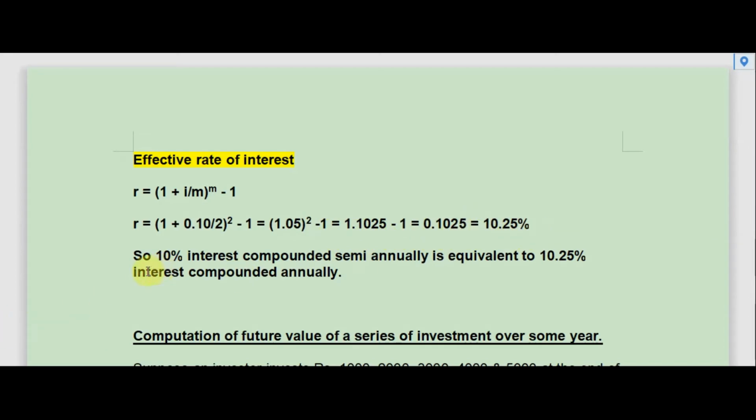So 10% interest compounded semi-annually is equivalent to 10.25% interest compounded annually.